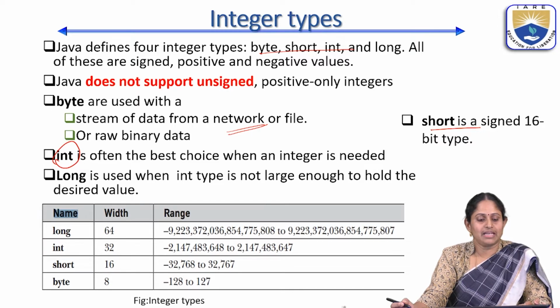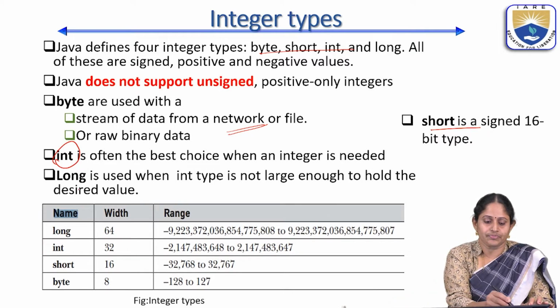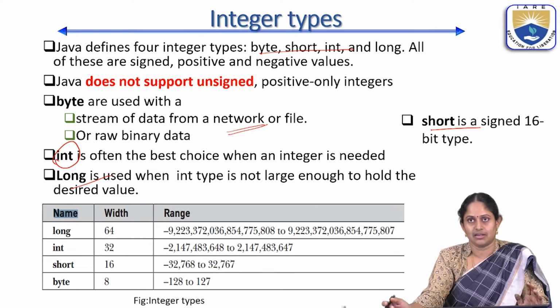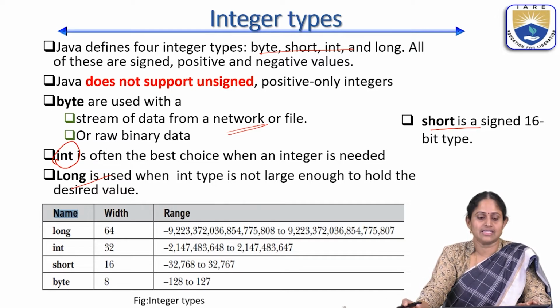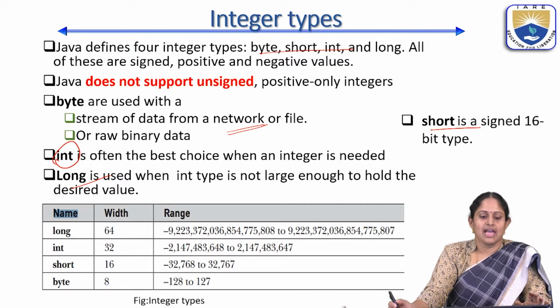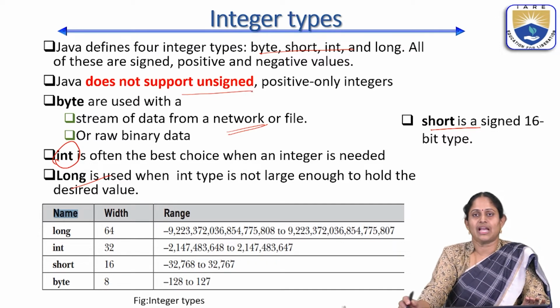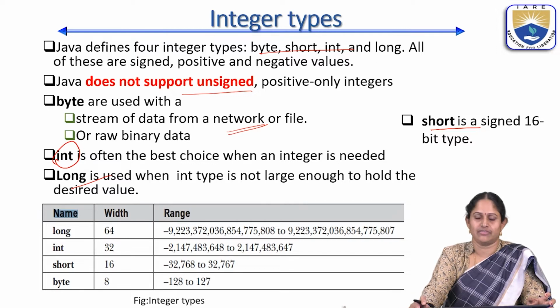And long is used to store data that is large enough that it cannot be held inside int or short. Java does not support unsigned positive-only integers; it supports both positive and negative values.